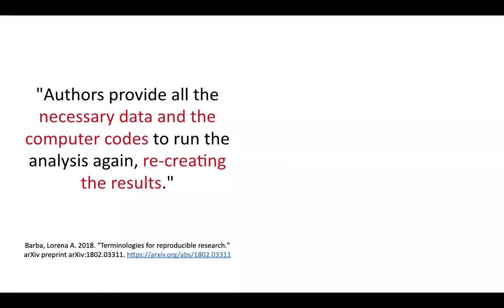So it's important to make the distinction between reproducing something and replicating it. There are many ways to define reproducibility and replicability, so here I provide two basic definitions. Basically, reproducibility is where someone uses the same materials and methods of the original researcher to get the same results.